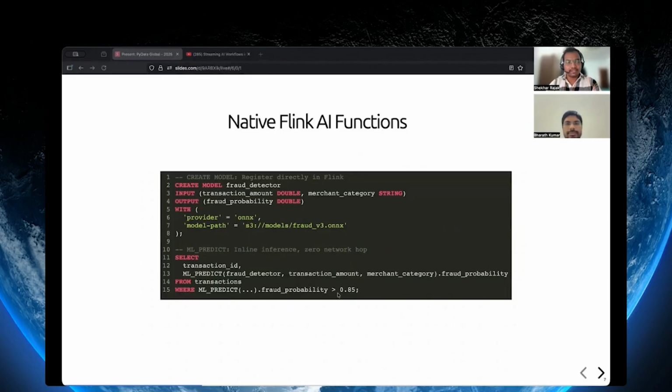Here we can see we already have APIs like CREATE MODEL and ML_PREDICT, but these are all SQL, not a Java API or Python API. Second, this is not actually doing any kind of processing or ML calls beyond simple inferencing.